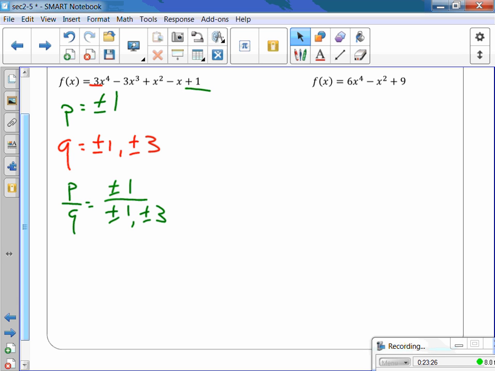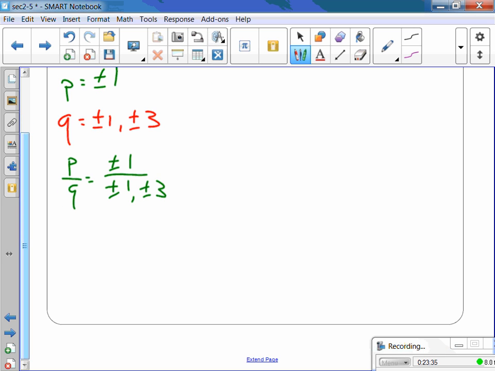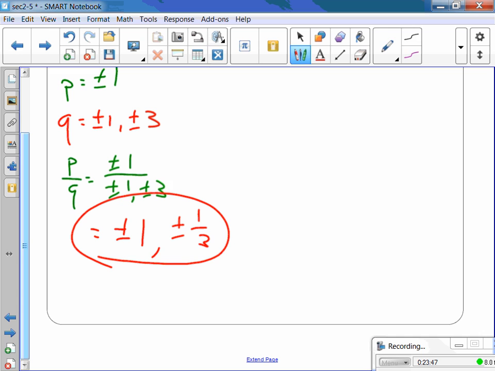So we have 1 over 1, which is just 1, and so here we only have 4 choices to choose from. If we do have a rational zero, it's going to be +1 or +1/3, or -1 or -1/3. Those are the only choices for our rational zeros.